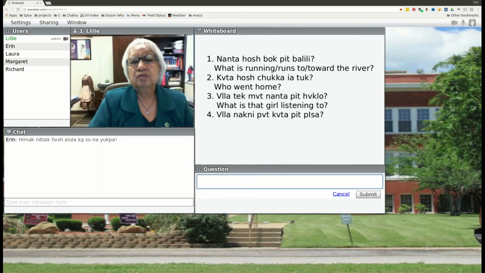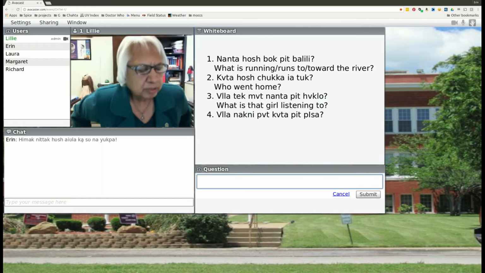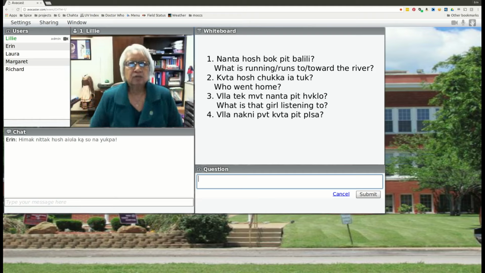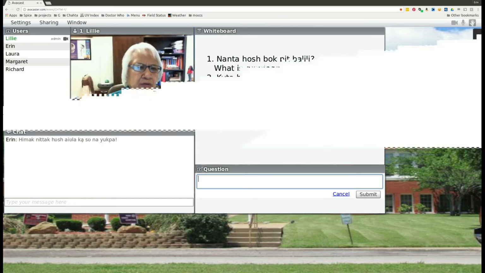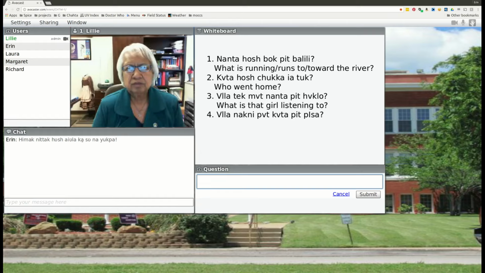I had said before that a lot of times you're going to hear speakers use haklo for hear or listen to, and you will hear speakers also use hanklo for listen to or hear. So I would accept either one of these. What does that girl hear? What is that girl listening to? And in the case of the first sentence is where we would need the helping word for does hear.